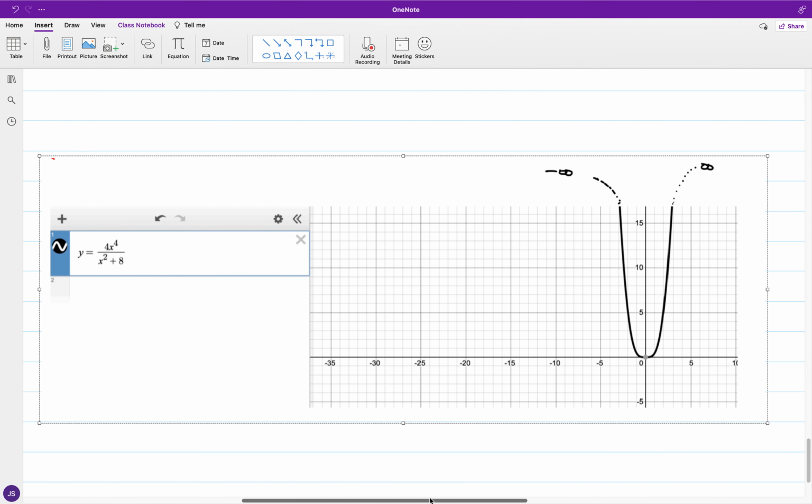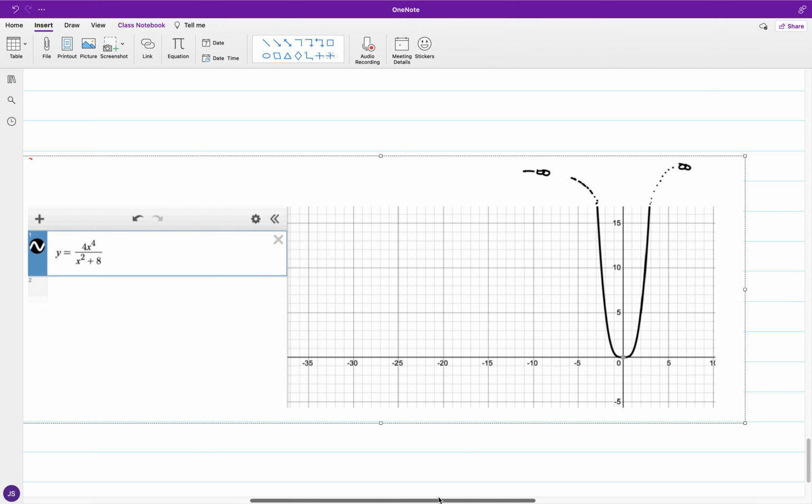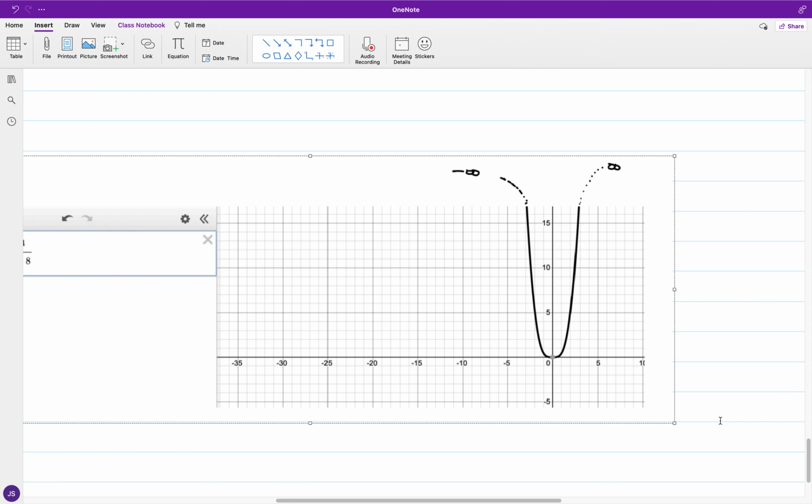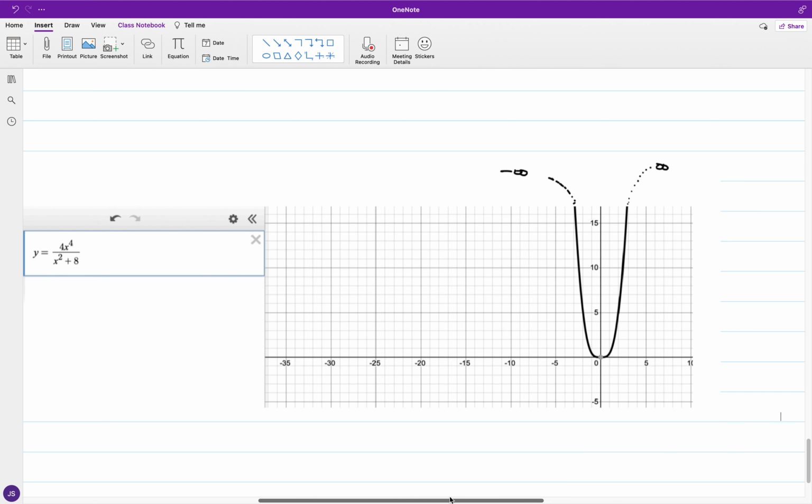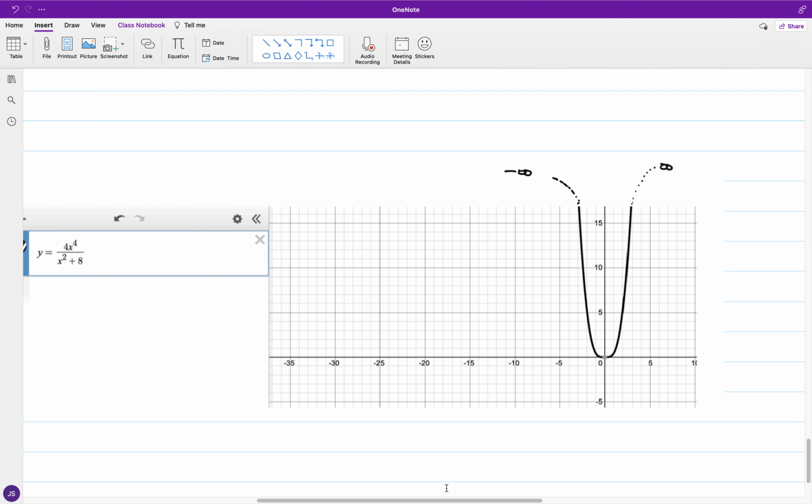Now I have y equal to 4x to the 4th over x squared plus 8. We have what appears to be something like a parabola that is opening up, but we're not dealing with a quadratic function, at least not in the strictest of terms.